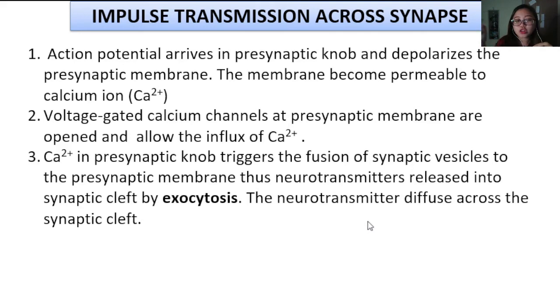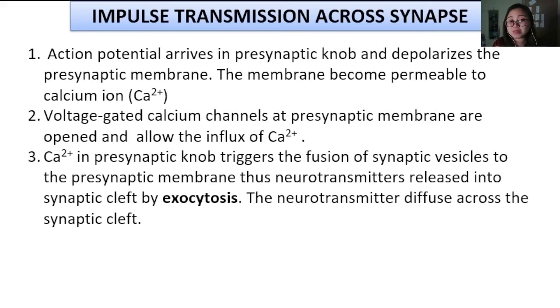When you have lots of these calcium ions coming in, the calcium ions in the presynaptic knob will trigger the fusion of synaptic vesicles to the presynaptic membrane, and thus the neurotransmitters are released into the synaptic cleft by exocytosis. So the calcium ions cause the vesicles containing neurotransmitters to release their neurotransmitters into the synaptic cleft.